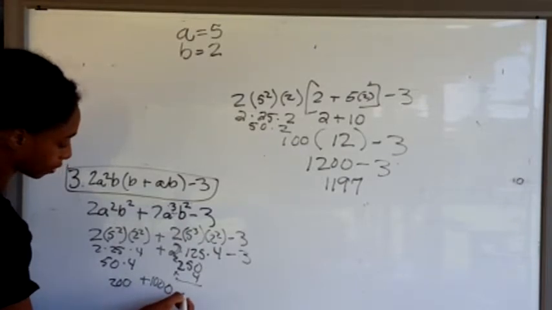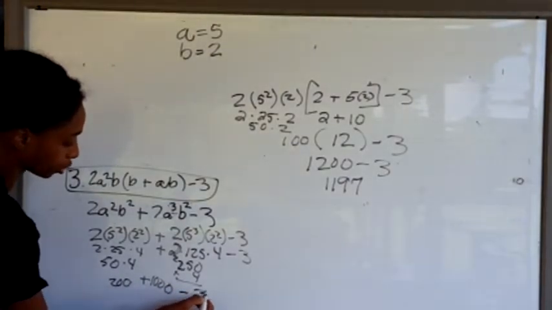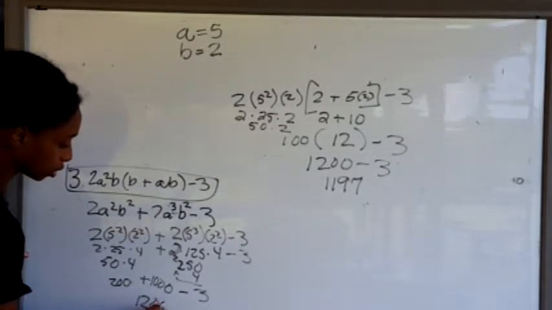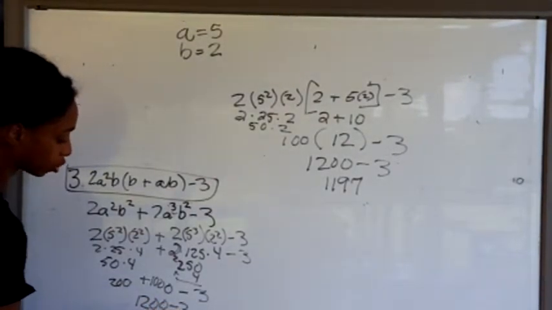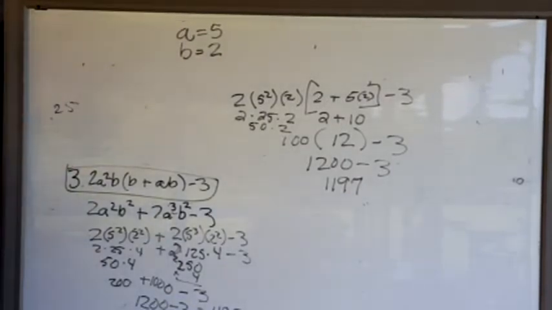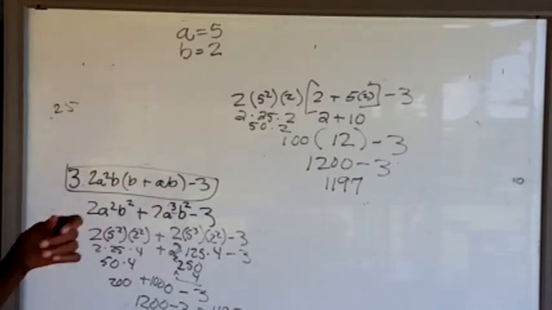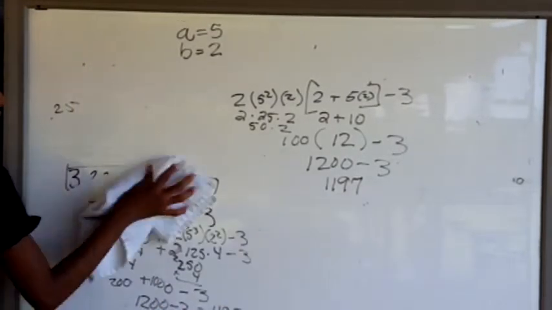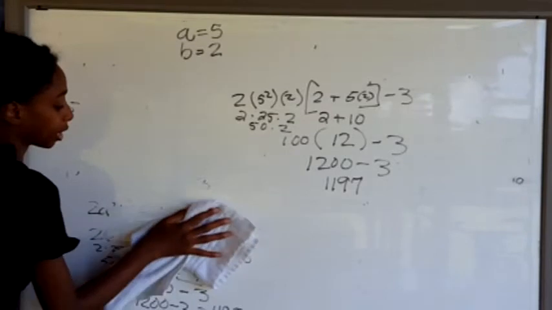And then we have minus 3. So 1,000 plus 200 is 1,200. 1,200 minus 3 is equal to 1,197. Alright, so you can see how that works out, how you get to the same answer. Alright, we're going to do a few more just distributing, not working them out.